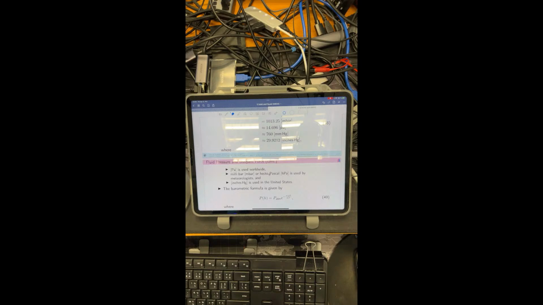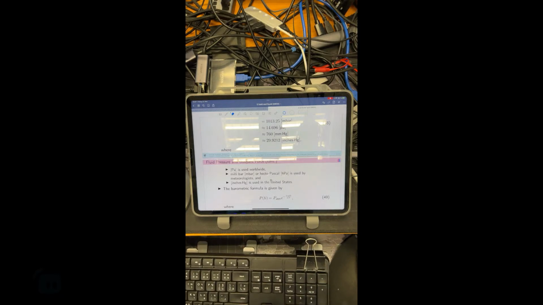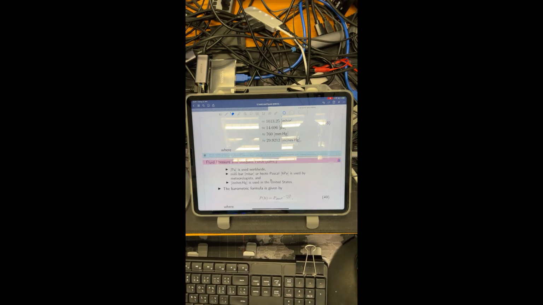Millibar or hectopascal is used by meteorologists, the people who deal with weather forecast and weather prediction and so on. Inches mercury is used in the United States, not only in Great Britain, also in the United States.